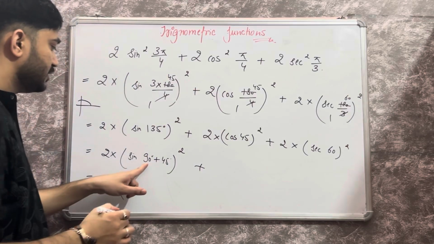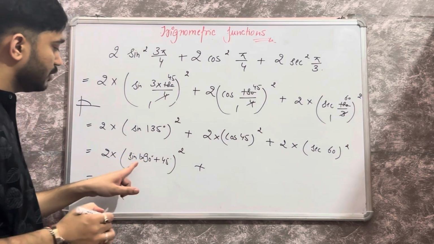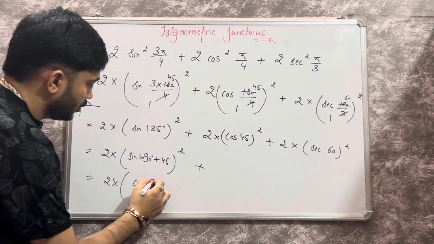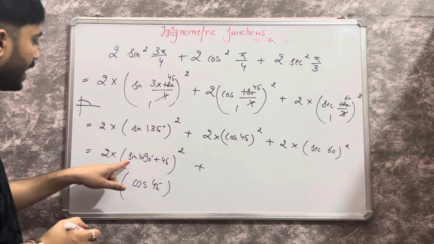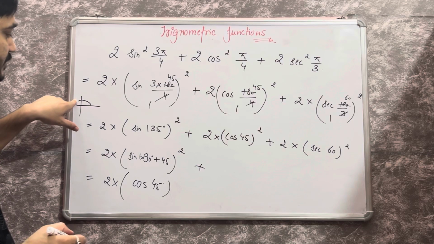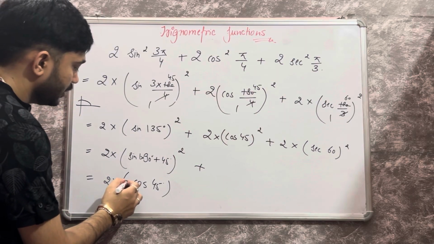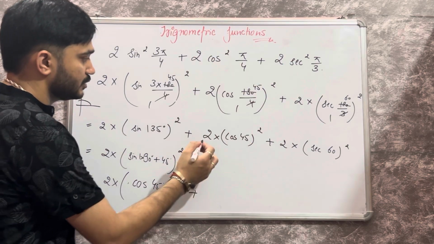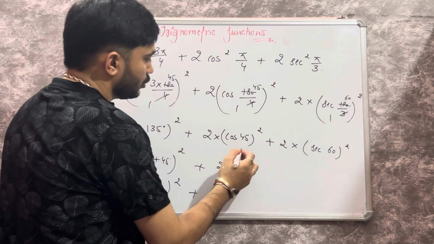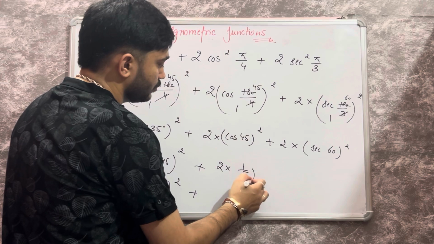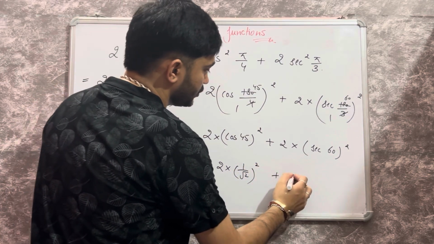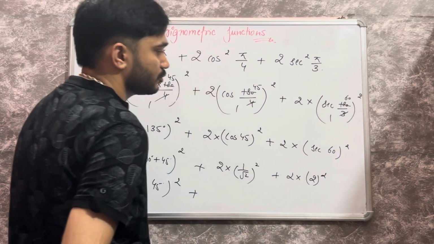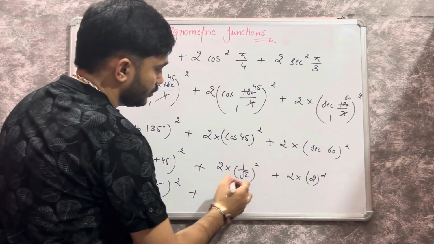Firstly, since it is 90 into 1, the number is odd here, so the name will change, cos 45 degree. And in the second quadrant, sine is positive, so here the positive sign will appear. Its square plus 2 into cos 45 is 1 by under root 2 square plus 2 into sec 60 value is 2 square. Solve it.